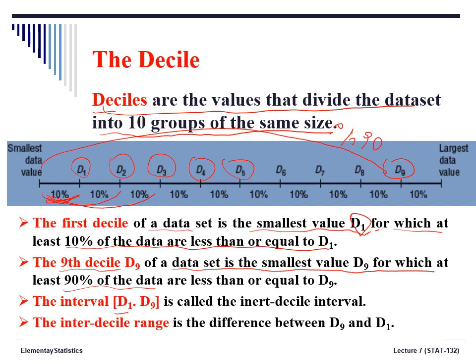The interval from D1 to D9 is called the interdecile interval, and the interdecile range is the difference between D9 and D1, so you can write D9 minus D1.